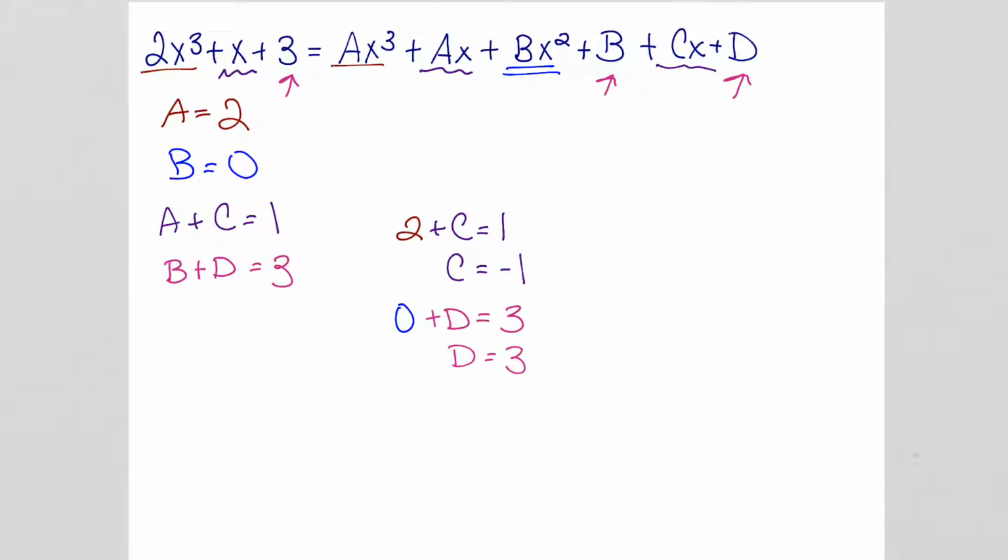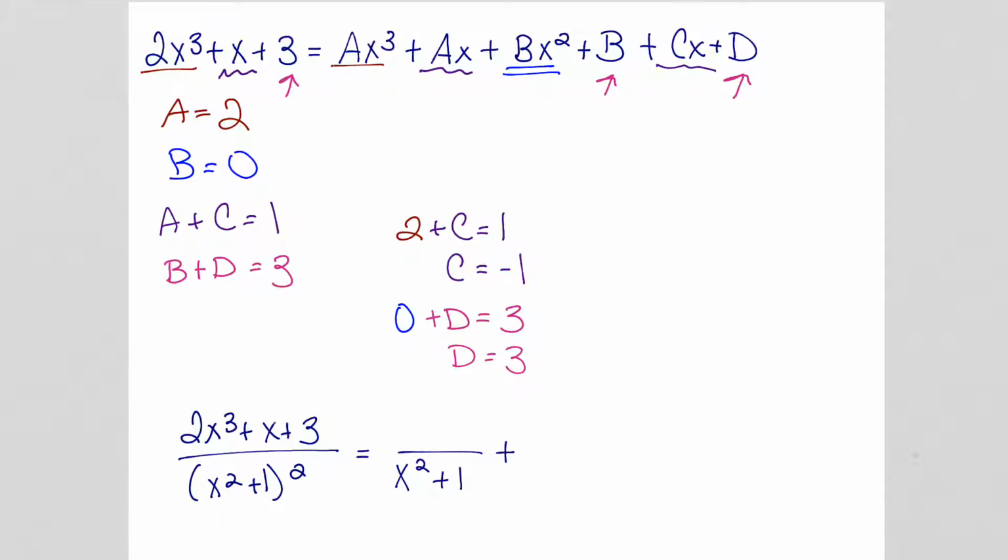Okay, so 2x cubed plus x plus 3 over x squared plus 1 squared is, on the bottom of the first one was an x squared plus 1. On the bottom of the second one was x squared plus 1 squared. And then on the top of the first we have ax plus b.